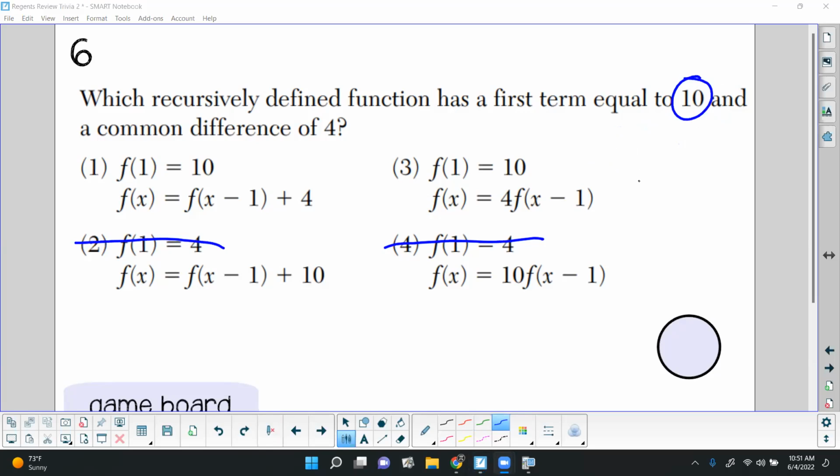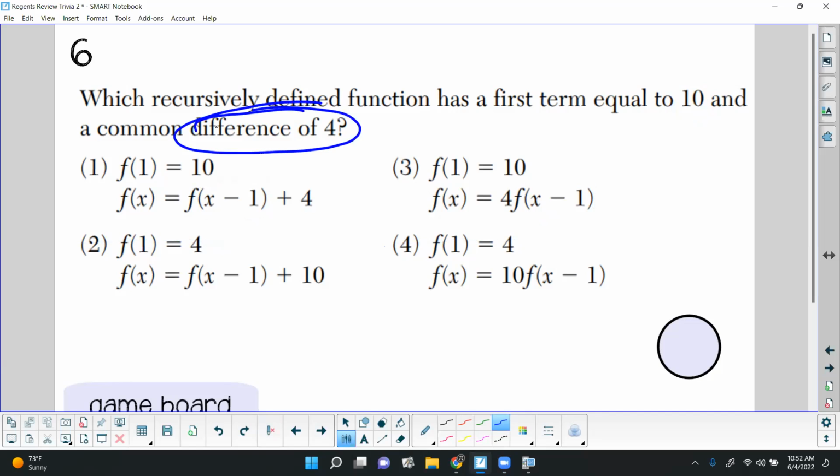Now we're starting to think, this is a phrase right here. Anytime you are subtracting 1 from your x value, that means you're doing the previous number. The previous number has a common difference of 4.